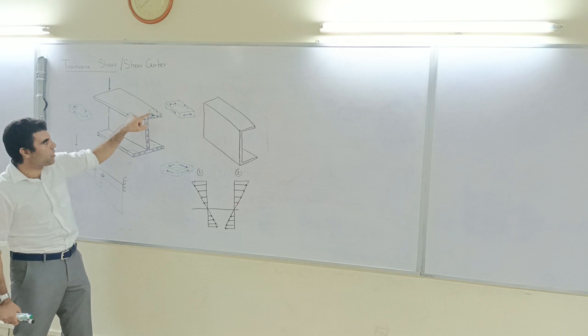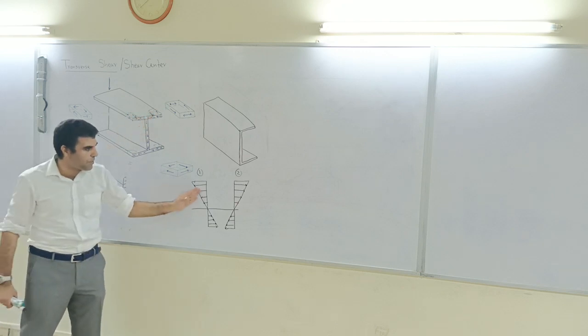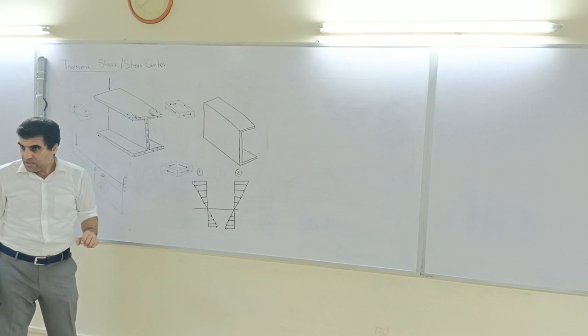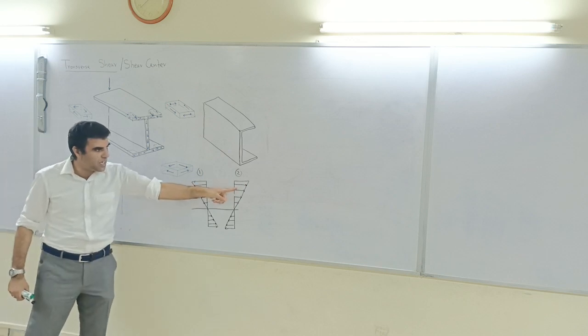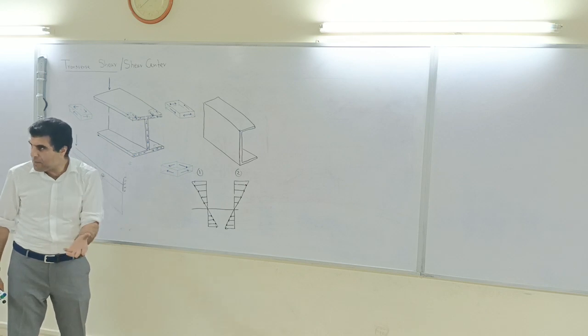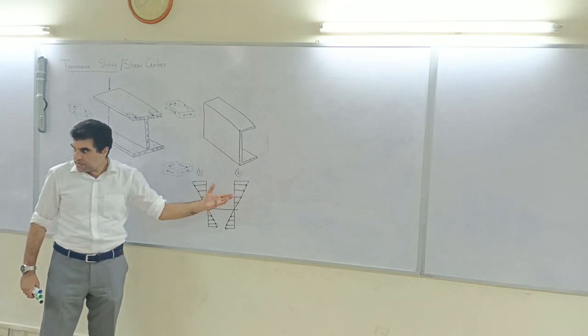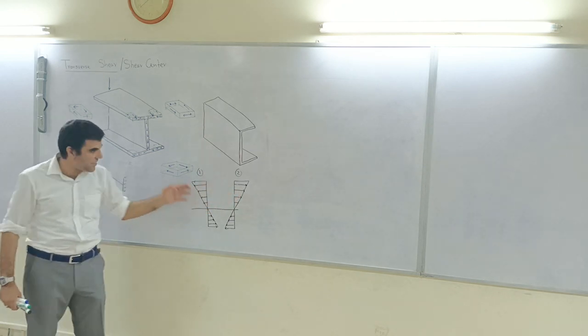For example, I've got this box, which has compression and tension. Section 2 is closer to the support, so the magnitude of its forces is bigger than section 1.